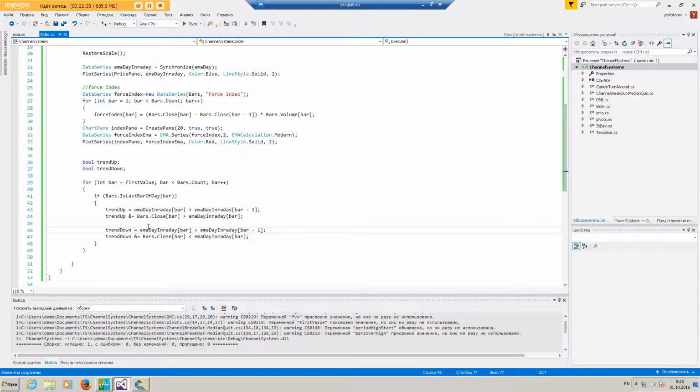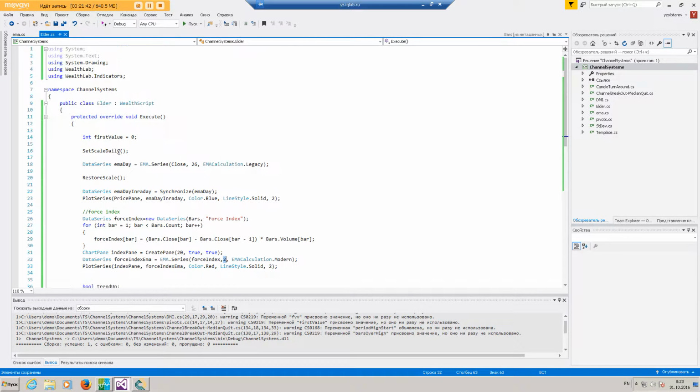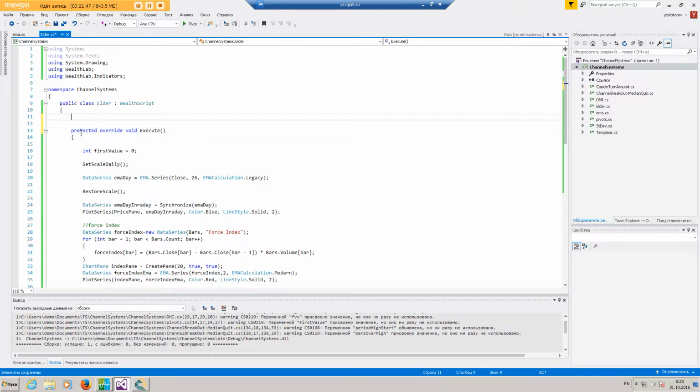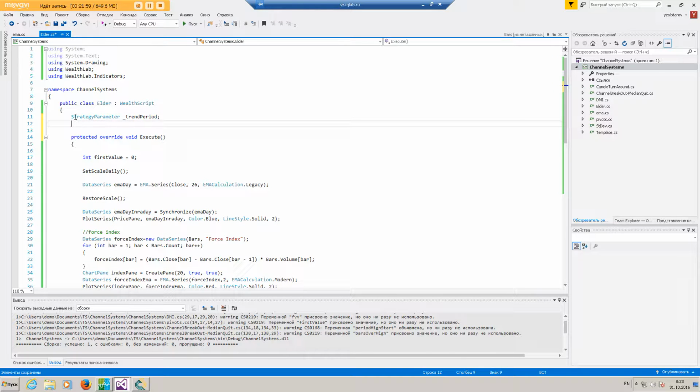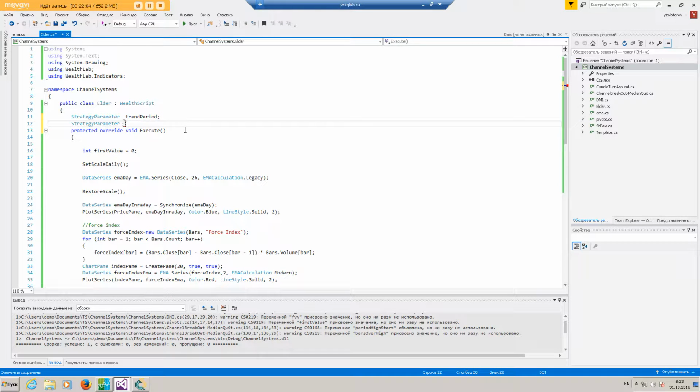We have now the force index, we have the trend, and let's optimize these values. Strategy parameters: trend period and force index, force smooth.